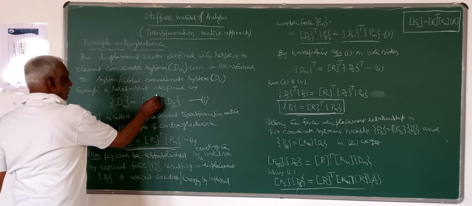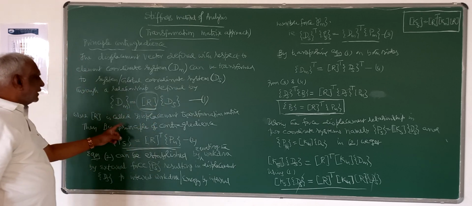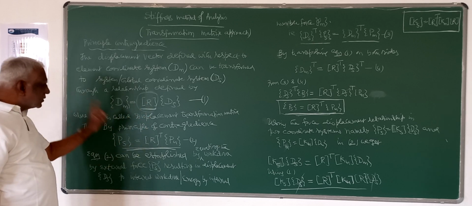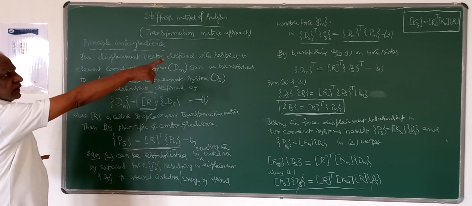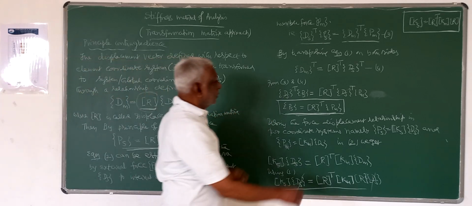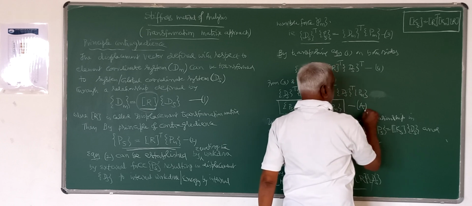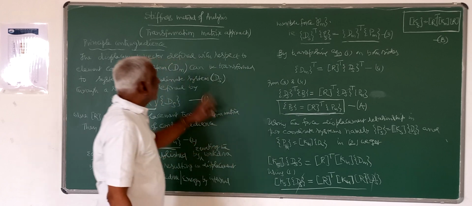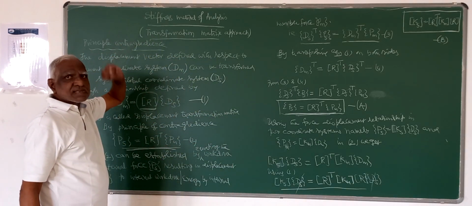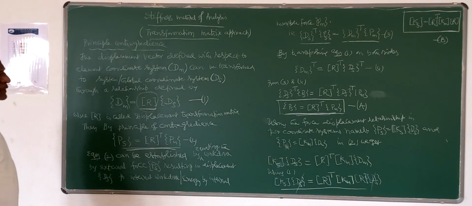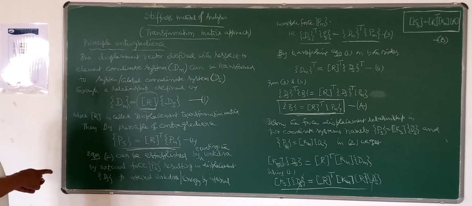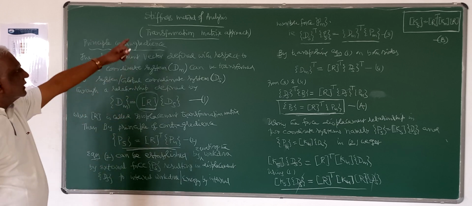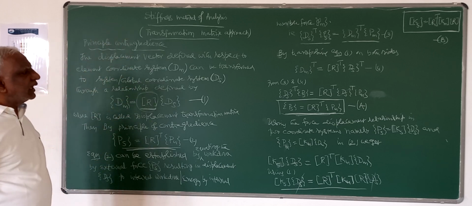For that we have to define what is meant by the force displacement transformation matrix, and using the principle of contragradients we have arrived at these two relationships, one A, another B. Using this principle we are doing the analysis by the stiffness method. All the problems we can analyze using this. This is the theory behind the stiffness method of analysis.